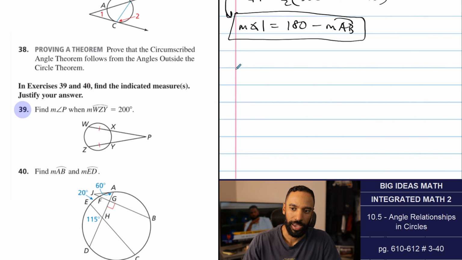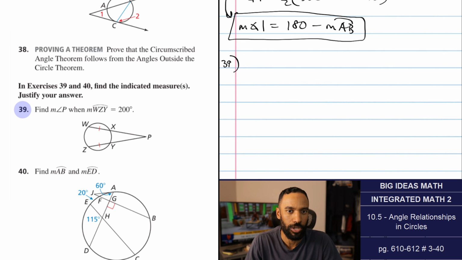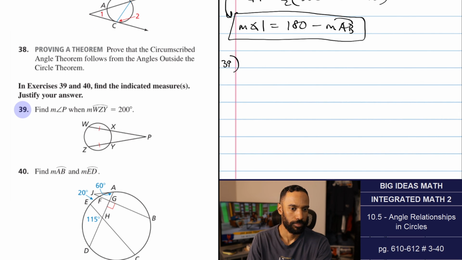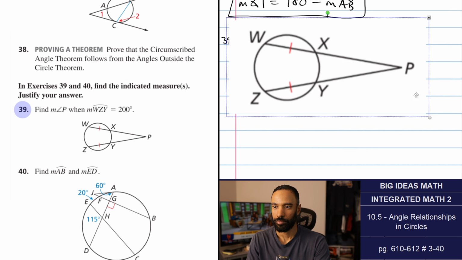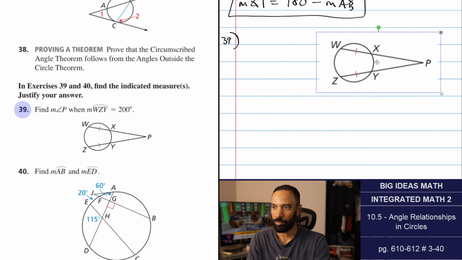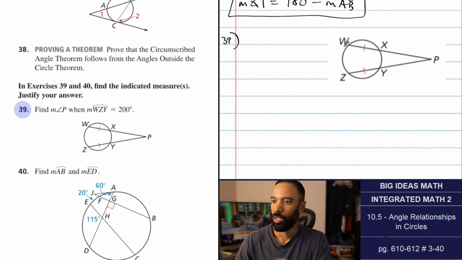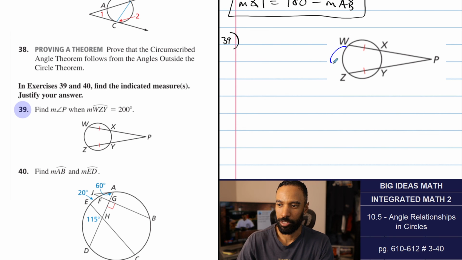Okay, so number 39, we have a diagram. It says find measure of angle P when measure of angle WZY equals 200 degrees. So this whole thing is 200 degrees, and they show congruence on this other aspect here. Let me actually copy paste this thing over. Okay. So this whole thing, I'm trying to curly brace it, but do it around something.